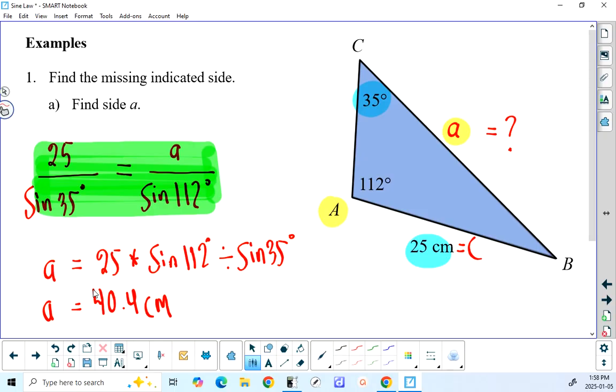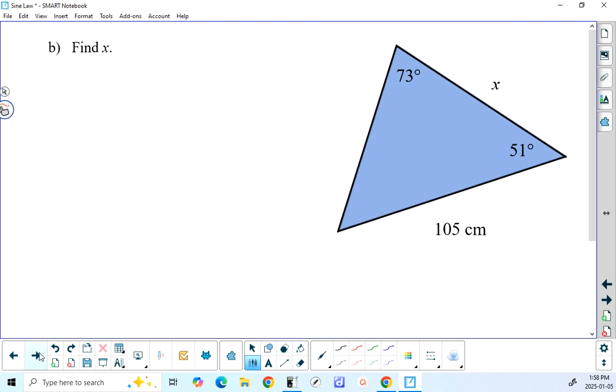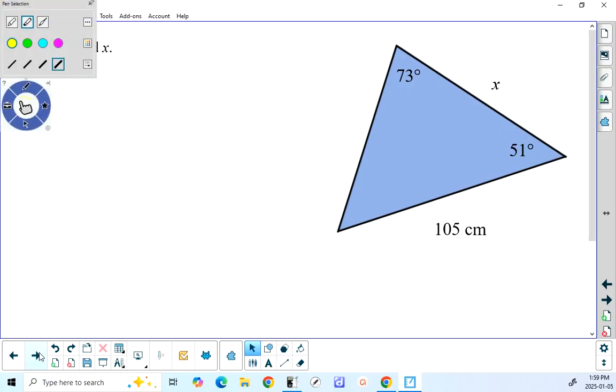All right, let's try another one. Find x. So in this particular case, and this is what we did on that Friday, it's not that difficult. There aren't even any labels here, never mind A, B, C. But looking at where x is, if you were trying to find x, then you need to know this angle.